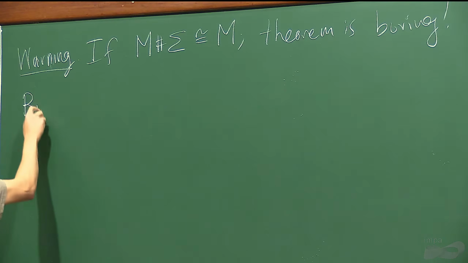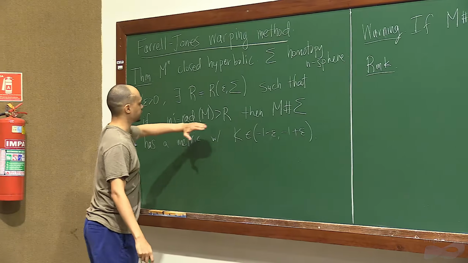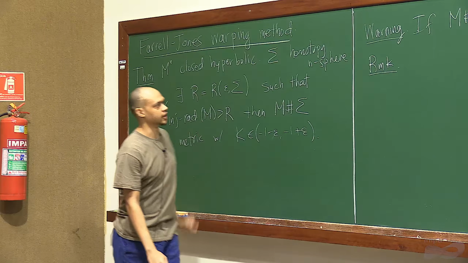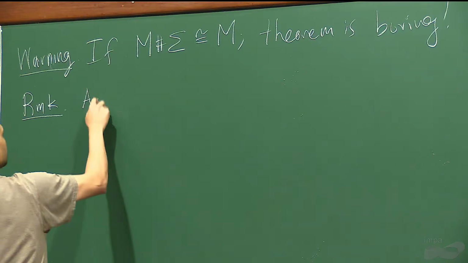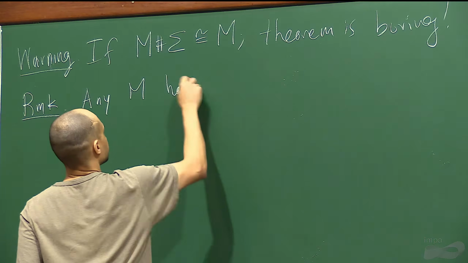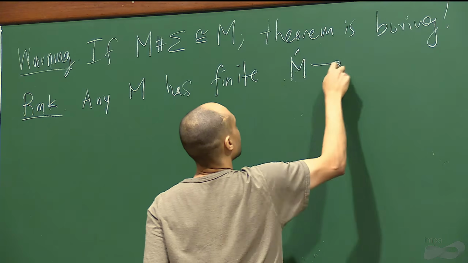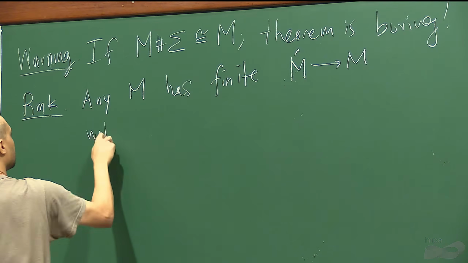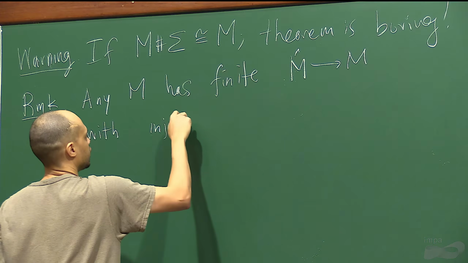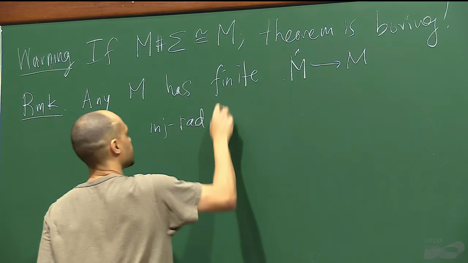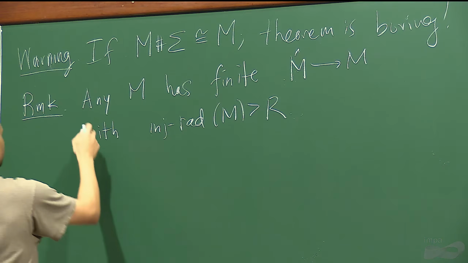A second remark is that this injectivity radius condition can always be achieved in a cover. So any M has a finite cover with the injectivity radius bigger than R, if you fix R at the beginning.